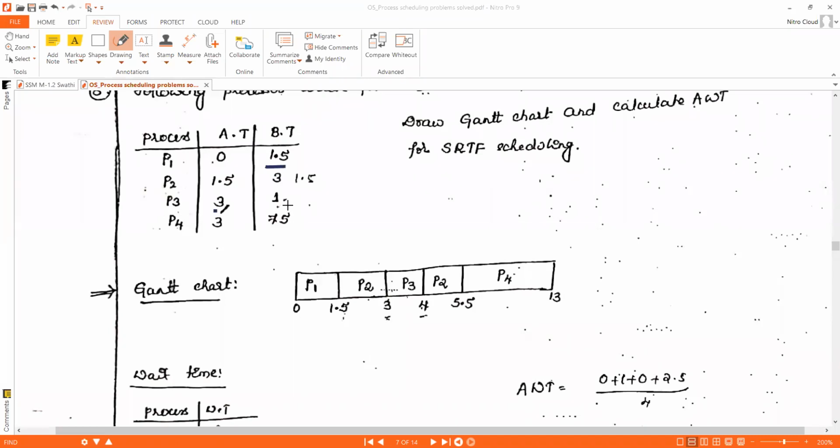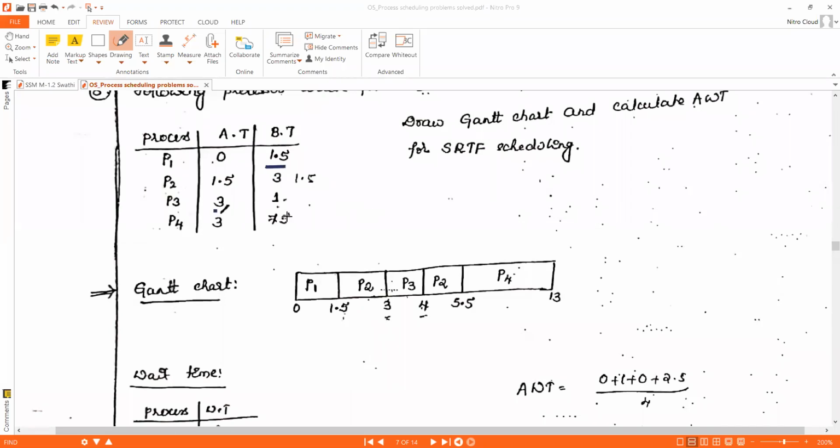By that time, at clock time 3 milliseconds, another process also arrives in the ready queue, that is process 4. Its burst time is 7.5 milliseconds. Among these processes, 1.5, 1 and 7.5, process 3's burst time of 1 millisecond is the shortest one.